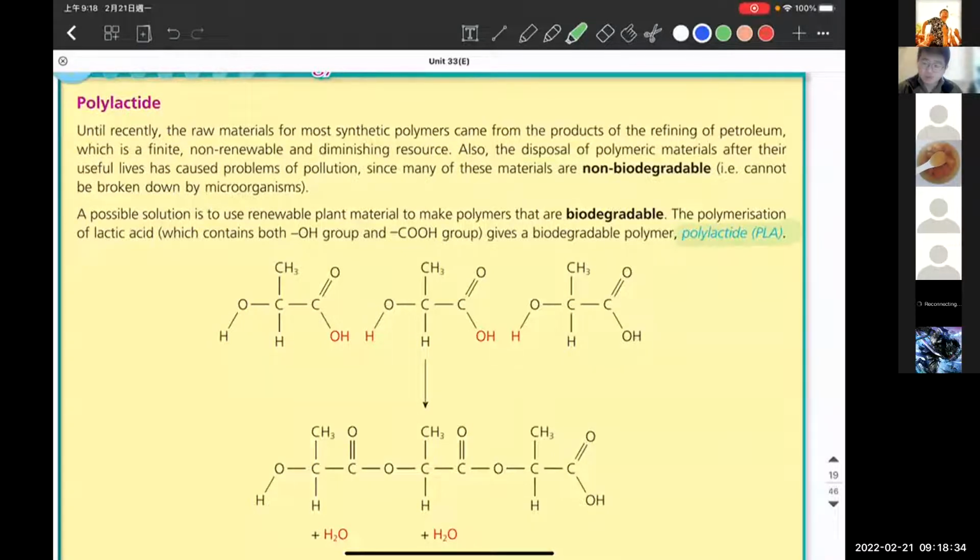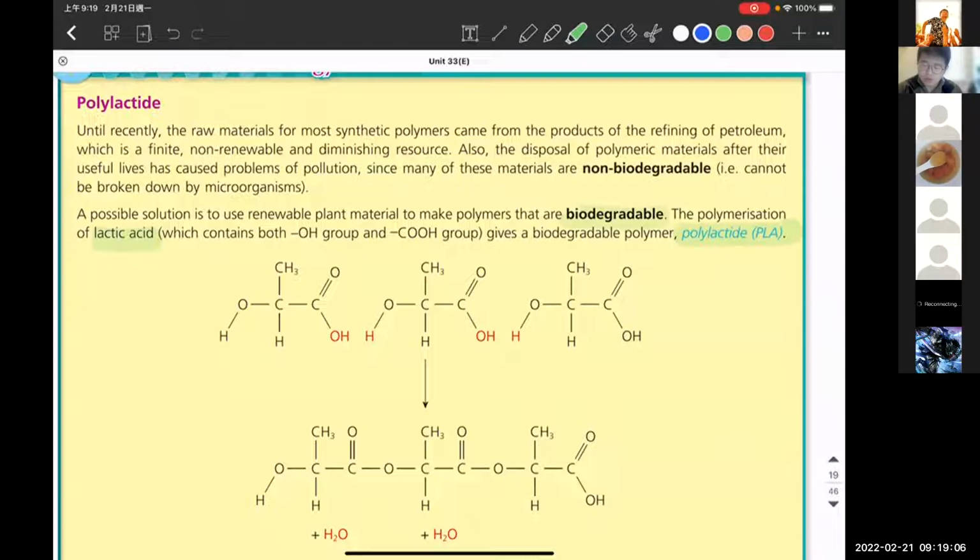Do you know what it is? So the raw material of making this is lactic acid. So we will call that polylactic acid, right? The lactic acid is just the original substance. So the PLA polymer is said to be biodegradable.